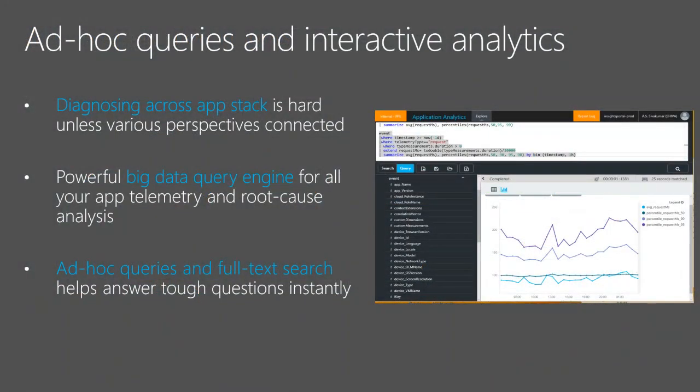Behind this, we have a big data query engine, which allows you to write queries similar to the one you can possibly just about see on the screen there. You can slice and dice this data. There's a bunch of stuff that's out of the box that you can use, but you can also write your own queries to grab this data.